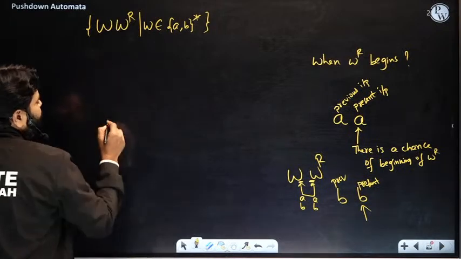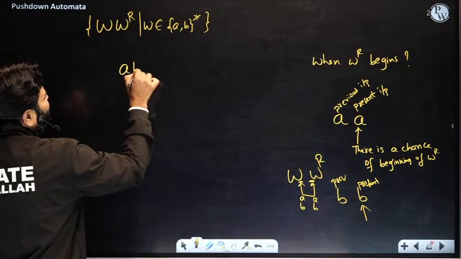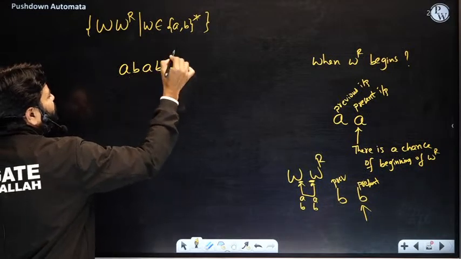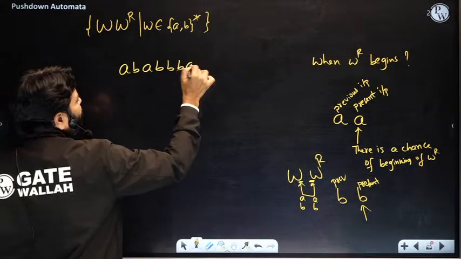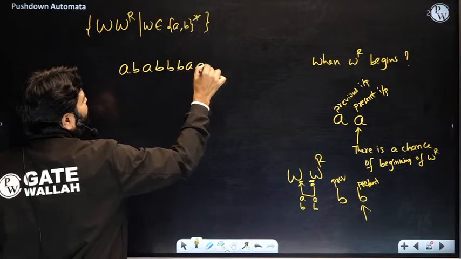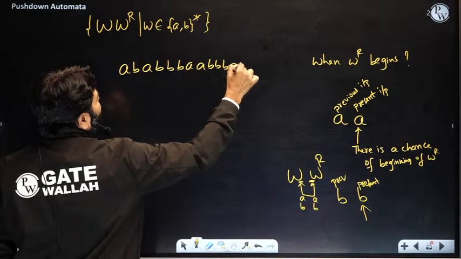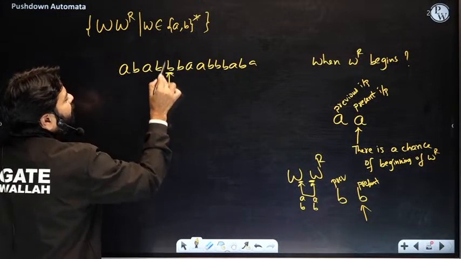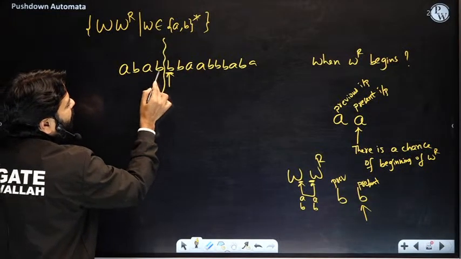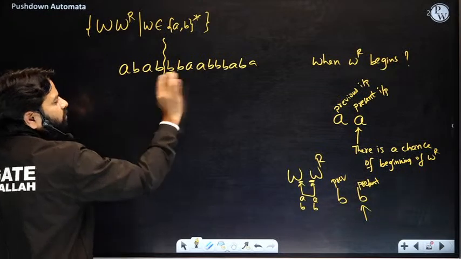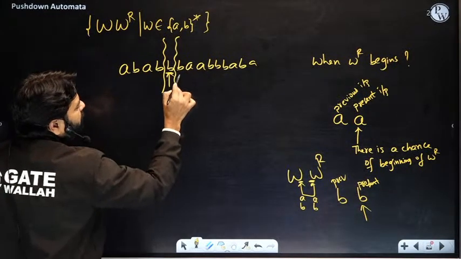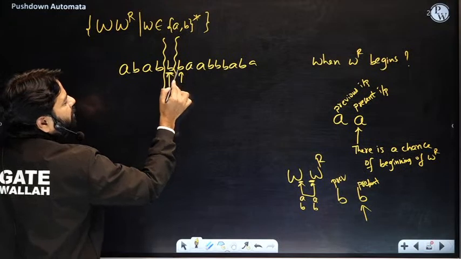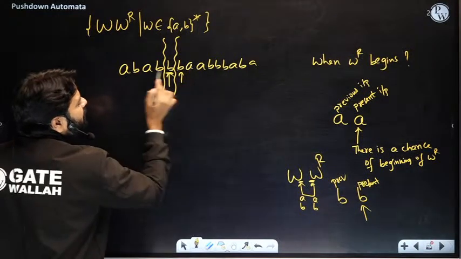If I take a string, of course we are wasting our time to understand this problem, not required at all. If you do it, you can try at this point of time, the reverse might begin, but if you look at BB matching A, oh, it's not matching, so it's not. You may try here because the present is the same as the previous, but then this is not the same as this one.